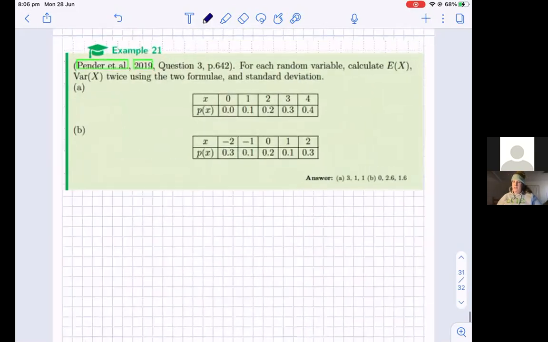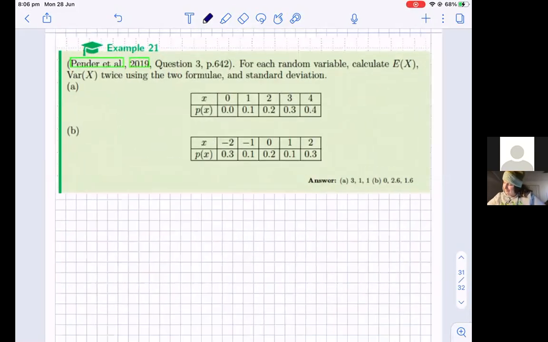Now you have actual numbers, so feel free to use your calculator. Yeah, I'm going to use my calculator. So we do mode, 3 for stat.